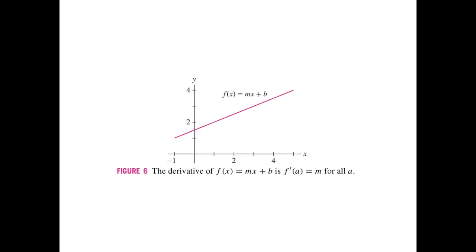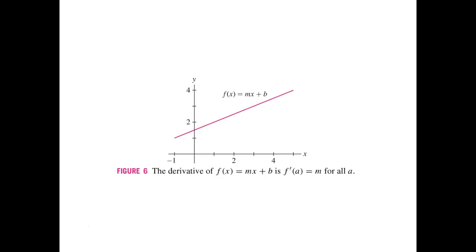Where m and b are constants, the slope is m, the tangent line at any point coincides with the line itself. Okay? And that's shown here in this figure. So it's hard to see where the tangent line is because it's the same. If this is a straight line, pick a point here, the tangent to that line is that line. Every point, the tangent is the same line. So they do coincide.